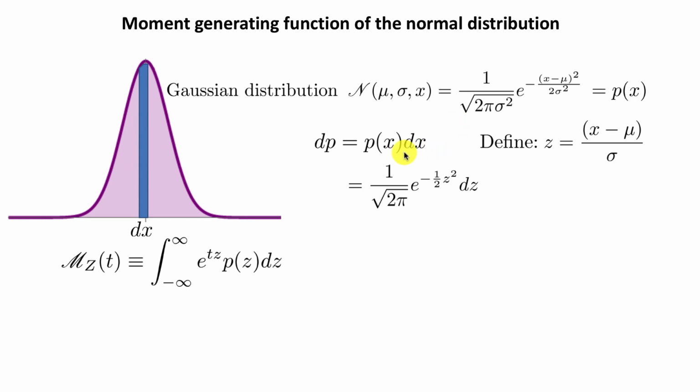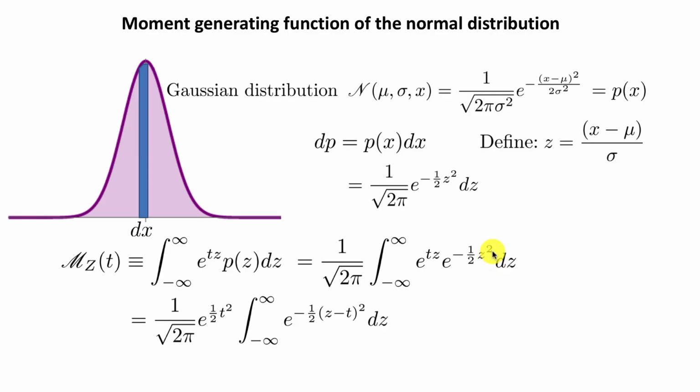So now let's look at the Gaussian in this form and ask, what is the moment generating function of this Gaussian here? As always, we take e to the power tz, take the probability distribution function, integrate over all values of z, and that is, of course, simply this, e to the tz, e to the minus z squared over 2.